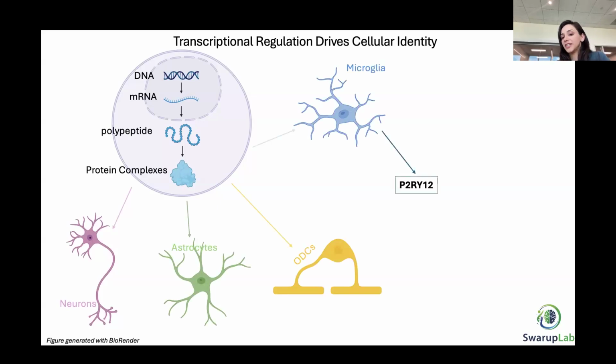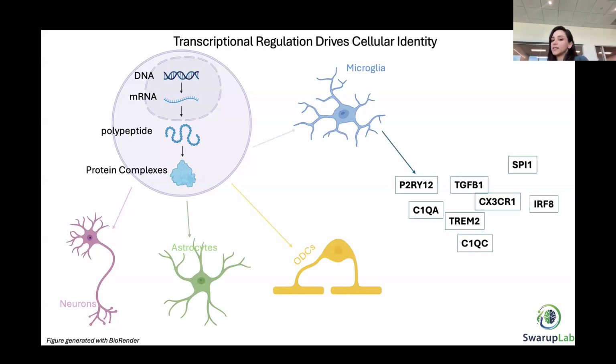Is it just one gene? Not really. There are a bunch of genes that give us the expression profiles of a cell type. I'm saying cell type here, but you can think of disease profile, you can think of any other biological mechanism that you'd be interested in. Normally, it happens through concerted activation of multiple genes together.